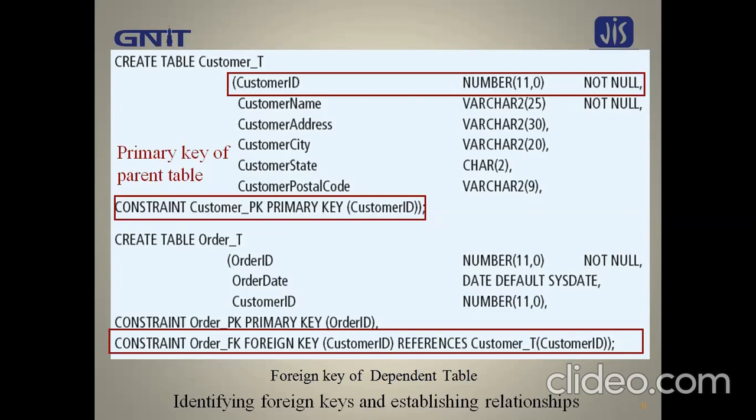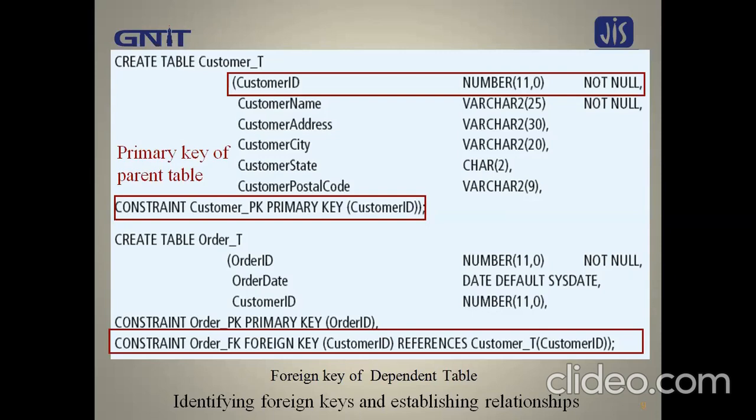See, after creating the table order, we're putting a constraint Order_FK foreign key customer ID. So customer ID, the foreign key, references the customer table, so the dependent table. So Order_T is a dependent table upon the Customer_T table.